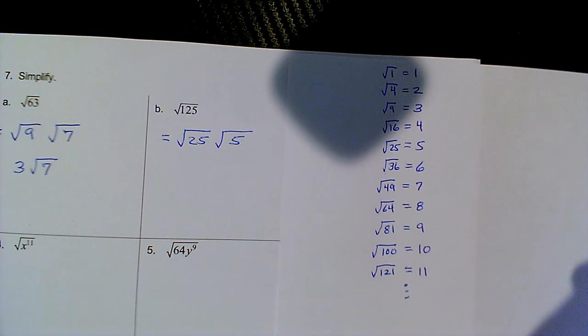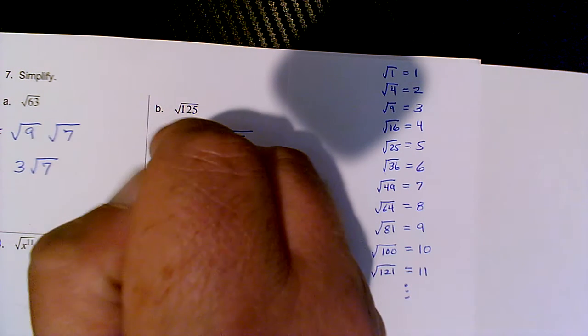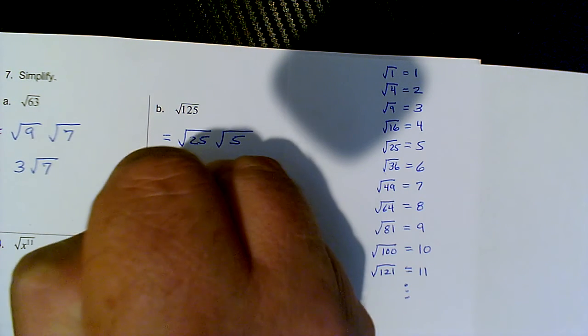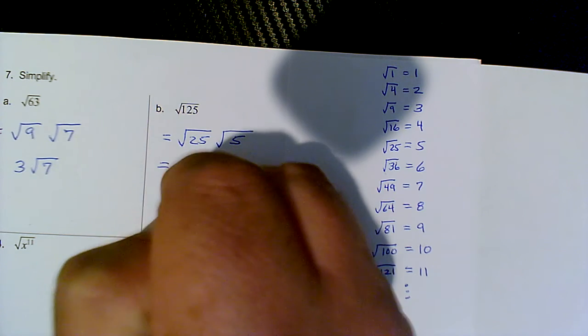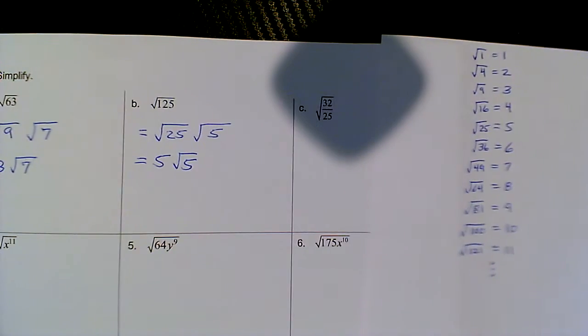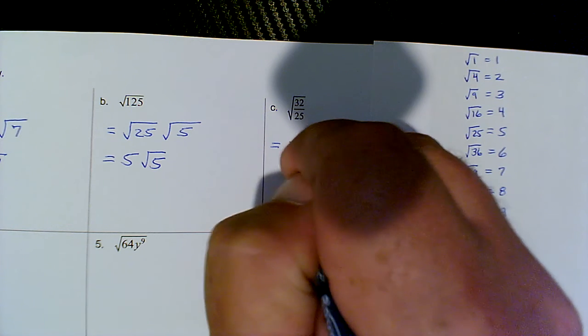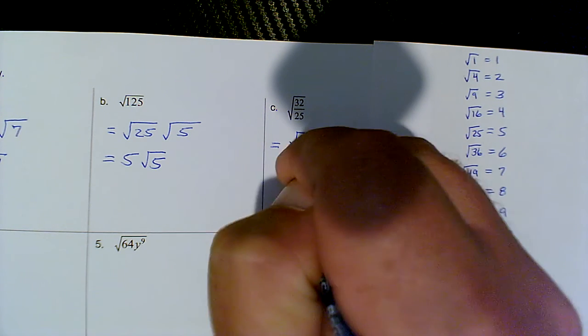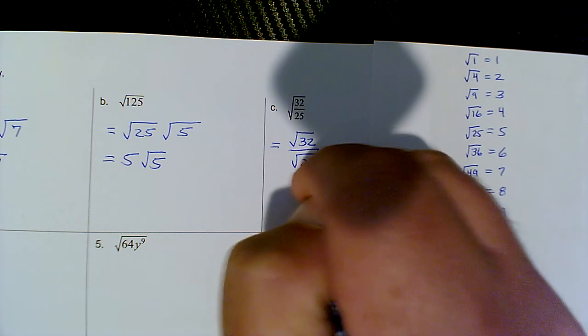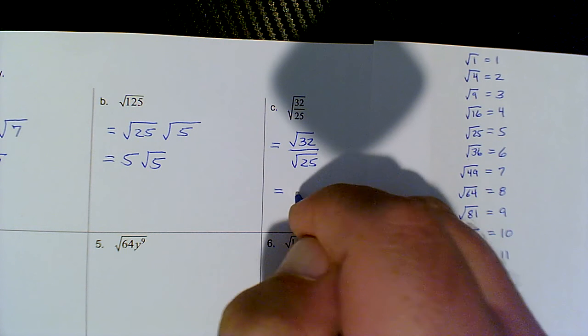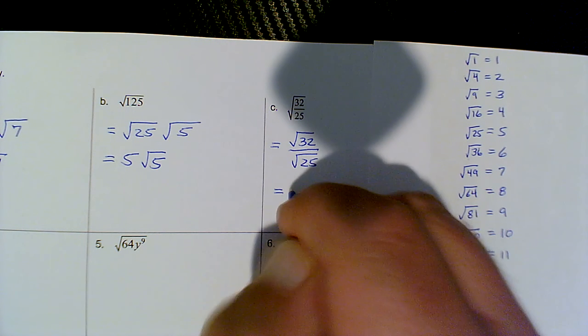Okay, moving to part C, we've got a numerator and denominator. So exercising a property, take the square root of the numerator over the square root of the denominator. Okay, the square root of the denominator is a perfect square, that's 5, but we're going to want to break down the square root of 32. So again, using the little list here, if we look amongst the list, work our way up. 32 is somewhere between 25 and 36, and 25 does not divide into 32 evenly.